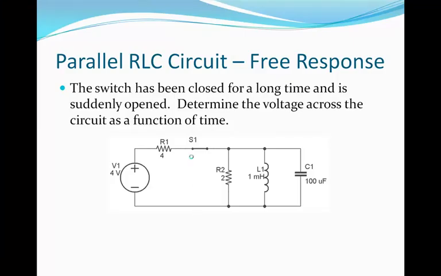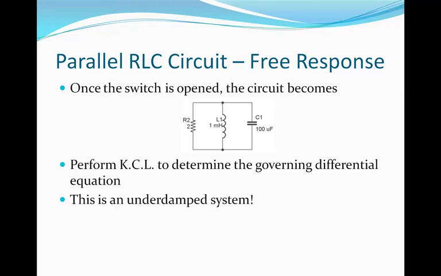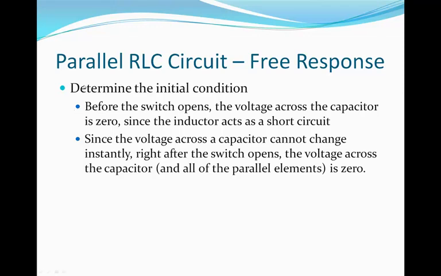Okay, so just to recap, we performed Kirchhoff's current law to determine the governing differential equation and, plugging the values of the coefficients into the damping ratio formula, we found that it was an underdamped system, so we need to expect oscillatory behavior in our solution. We determined the initial conditions by applying the properties of capacitors and inductors both before the switch opened as well as immediately following the switch opening.